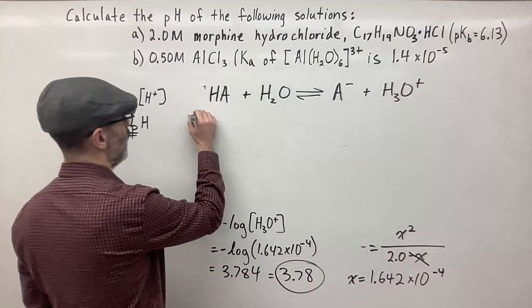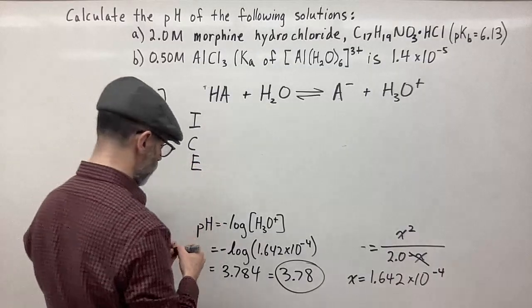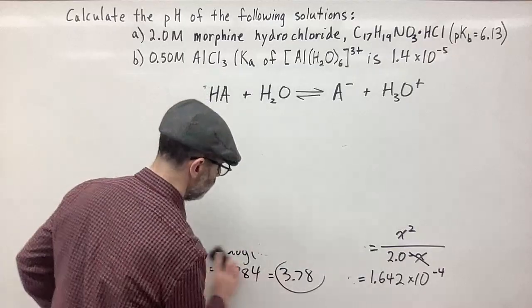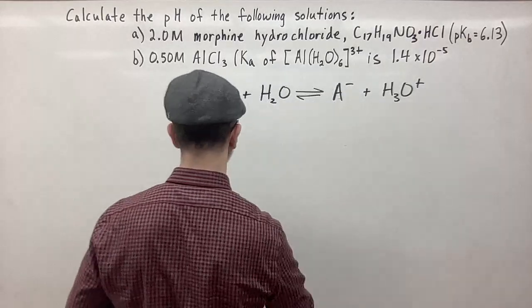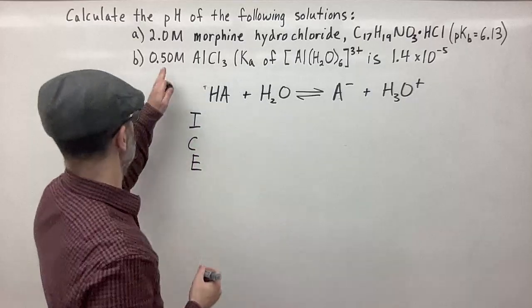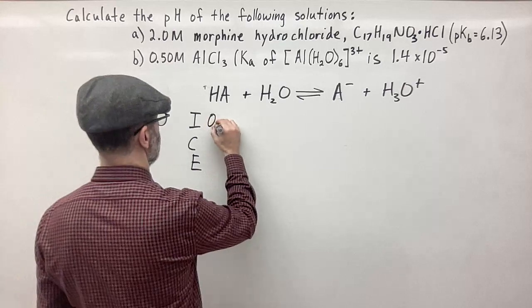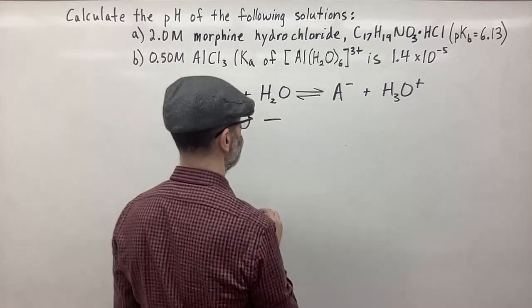So then we can do our ICE table for this. In this case, we have 0.50 molar to start with, so we're going to start with 0.50 here. We don't care about the water.